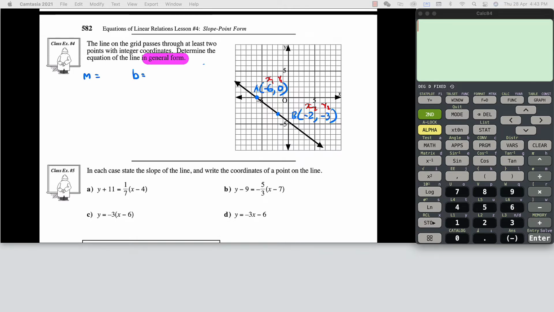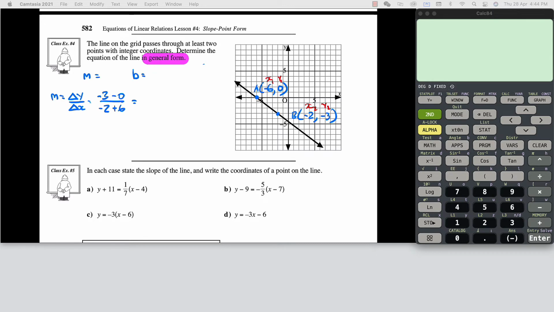Okay, so I can start off with trying to figure out our slope, and remember that slope equals the change in y over the change in x, which equals y2 minus y1, which is negative 3 minus 0, over x2 minus x1, which is negative 2 minus negative 6, which is plus 6.